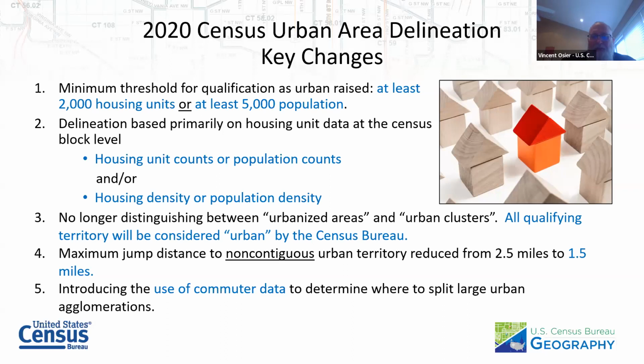Meaning that the 2020 urban areas have become much more densely populated in general, which we take as a mark of success in our definition, because there's less area that could be argued to be rural in them. Not all, but it's still an improvement in our mind.